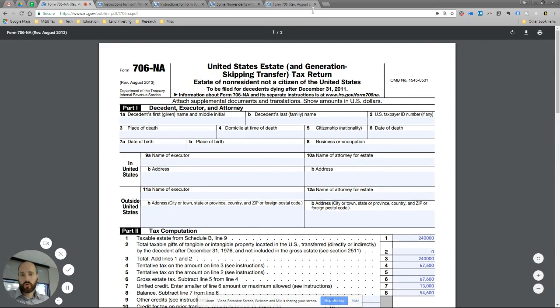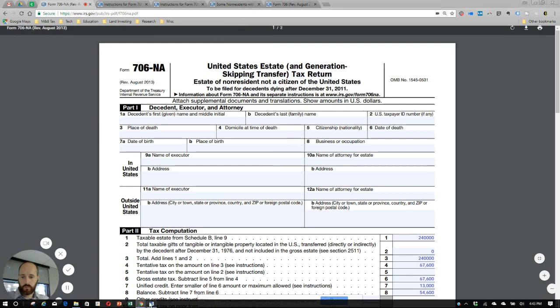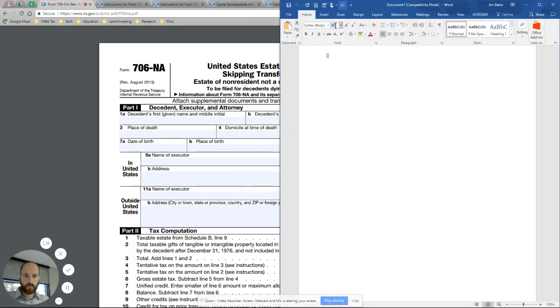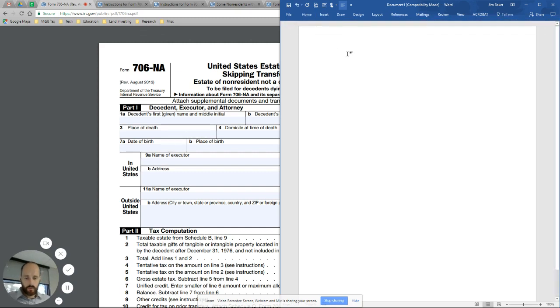Some points that you should really note. Let me pause this for a second. I just want to write some final points. Exemption for non-residents is 60,000.